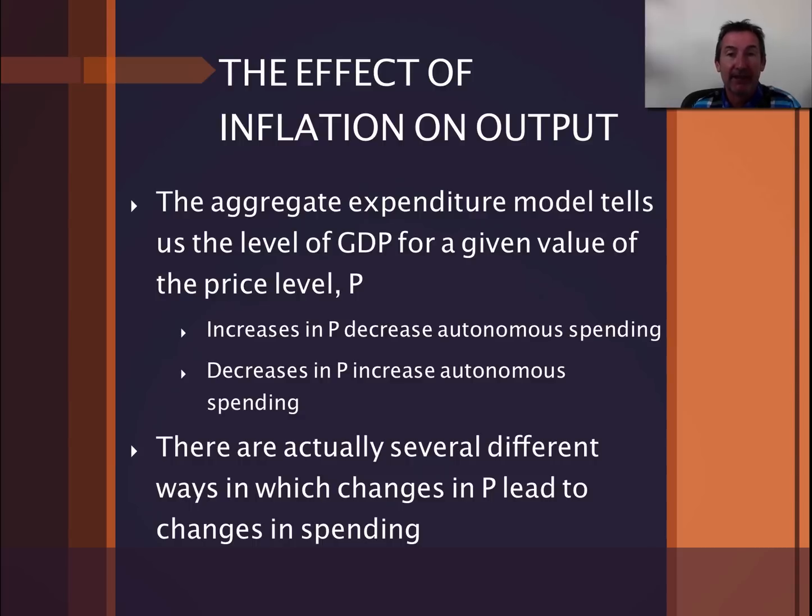So again, as a reminder, the aggregate expenditure model is based on a given value of the price level. If we have increases in the price level, then that's going to tend to decrease autonomous spending. If we have decreases in the price level, that will tend to increase autonomous spending. There are actually several different ways in which changes in the price level affect spending.